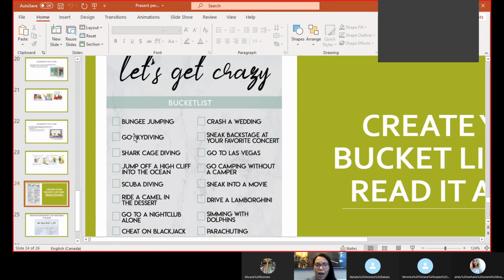So if you have already done bungee jumping, you just tick here, right? Or go skydiving, shark cage diving. This sounds dangerous.